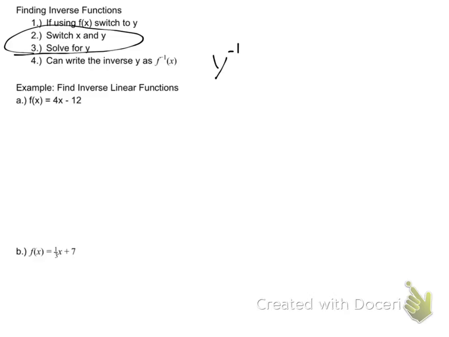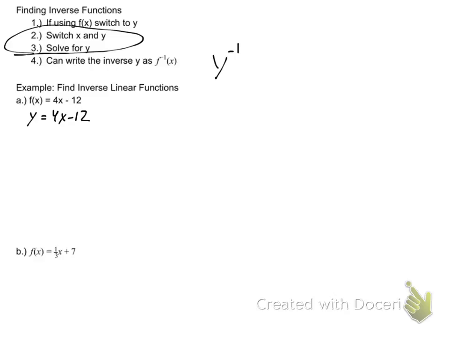So, we'll do step 1 or part A together, because this one is a little bit more involved. And then part B, you guys will try, and then we'll come back together. So, this is f of x notation. Change it to what? So y equals 4x minus 12.